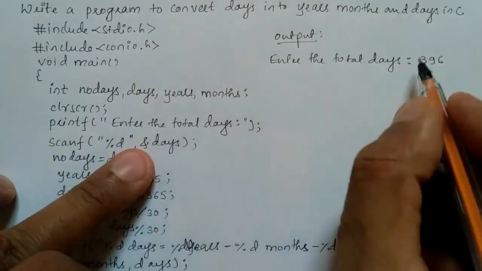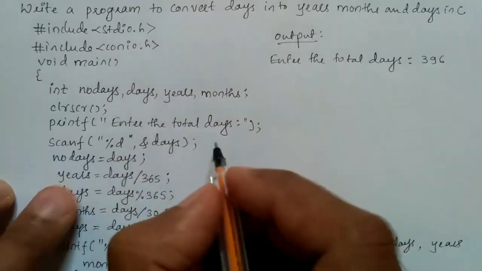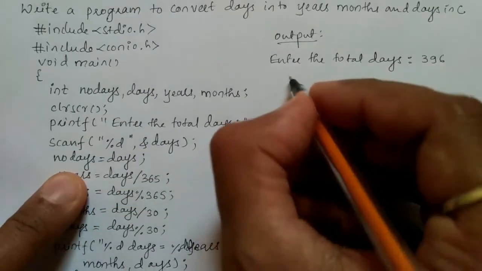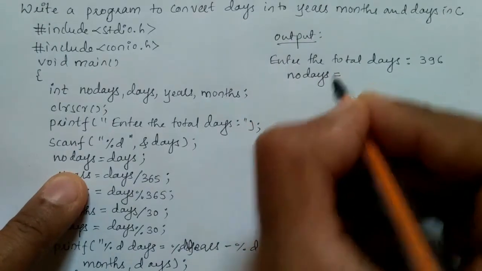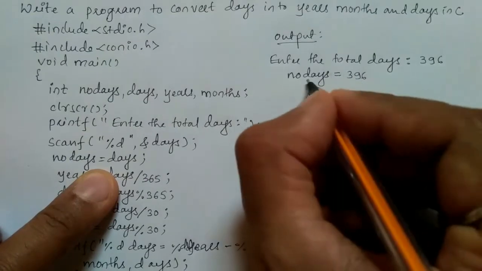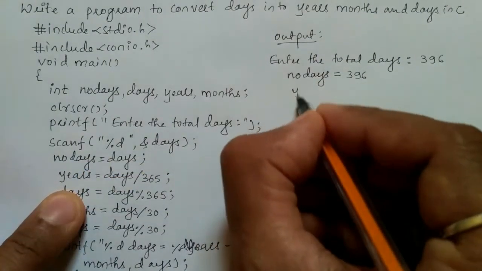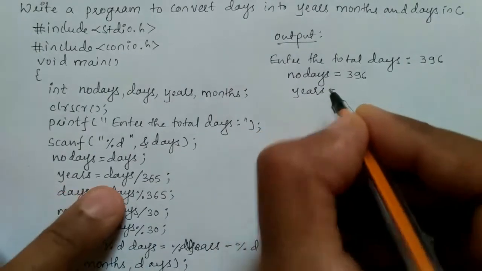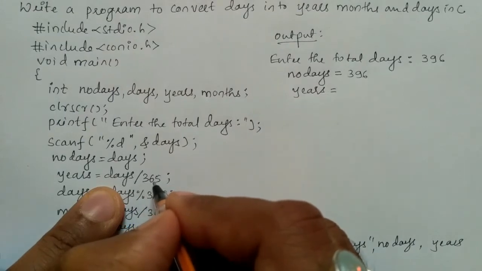Here this 396 value is stored in a variable called days. Next, these days are assigned to one more variable called number of days. So days is 396, and 396 is stored in the number of days variable. The next statement is years is equal to number of days, that is total days, divided by 365.